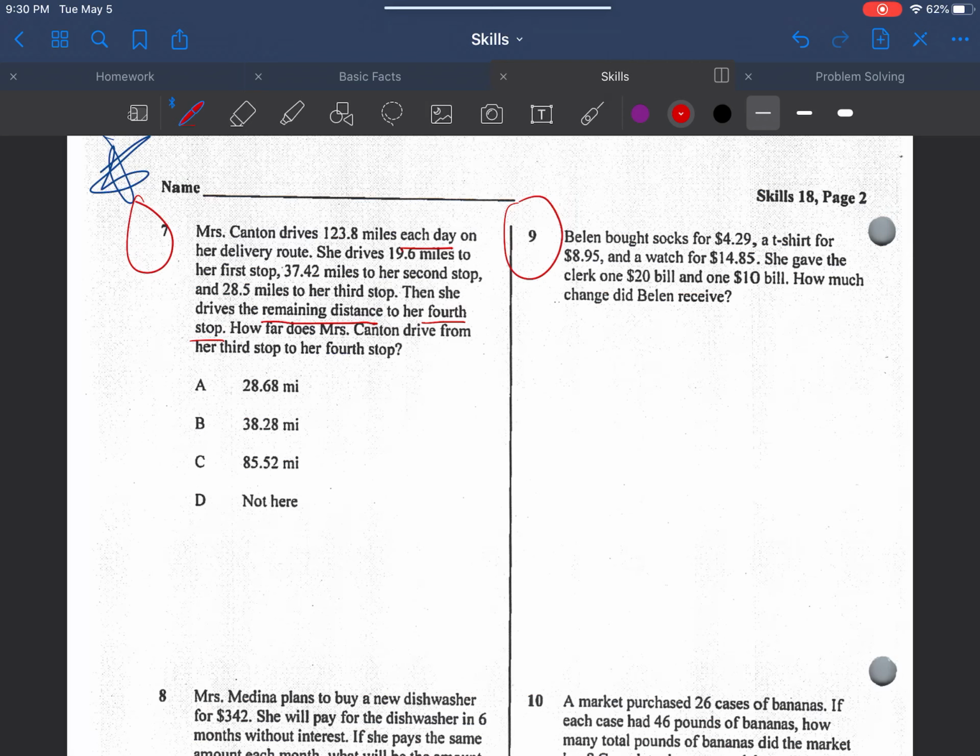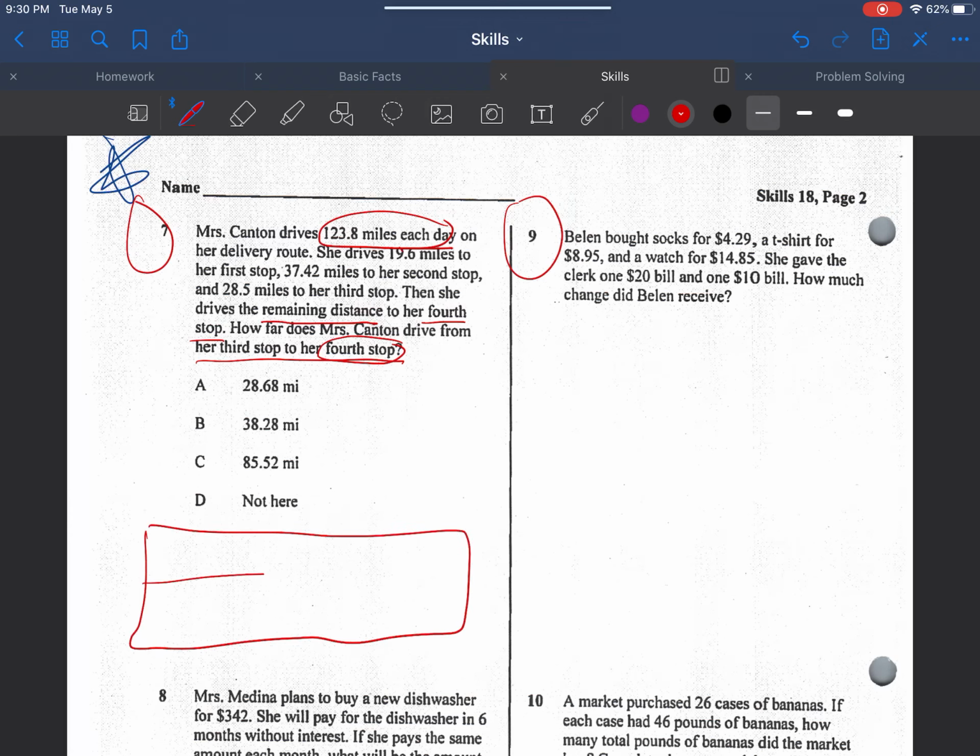Then she drives the remaining distance to her fourth stop. How far does Miss Canton drive from her third stop to her fourth stop? In other words, we're looking for a missing part.